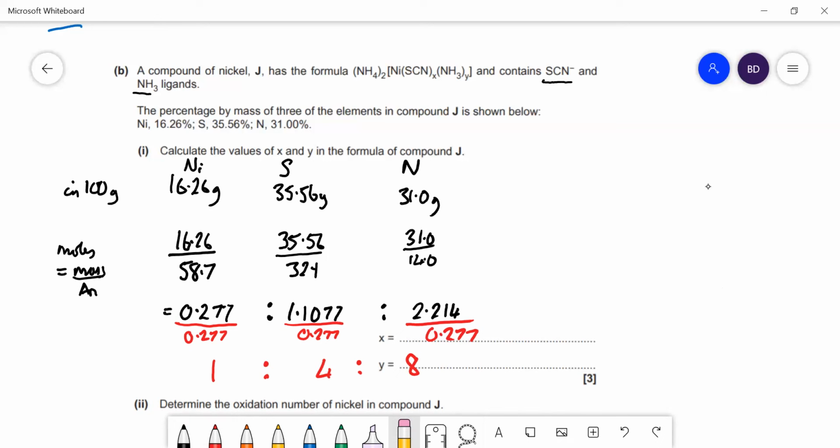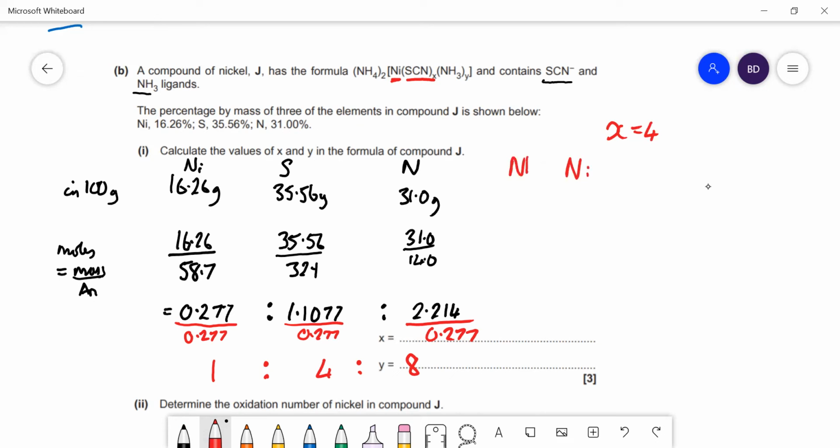Right, so we've got one nickel in there. That means the number of thiocyanate ligands we've got, we must have 4 of them. Okay, so X is equal to 4. Right, so let's write down the full formula.